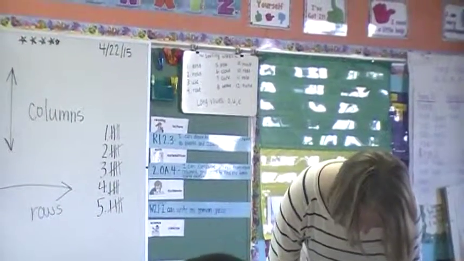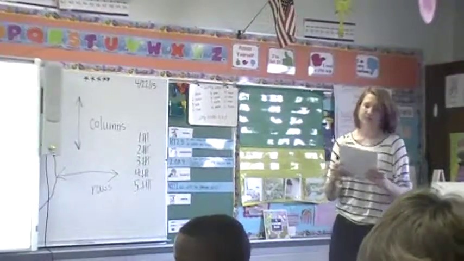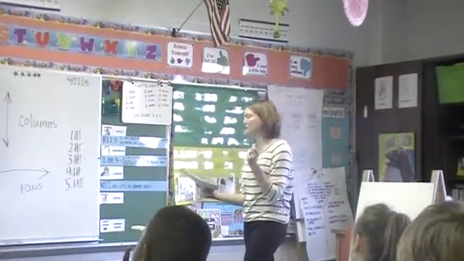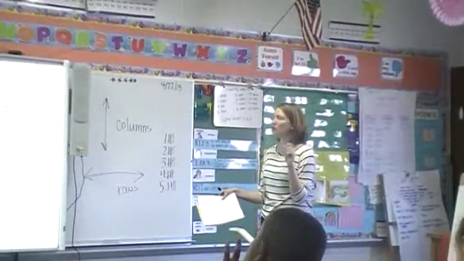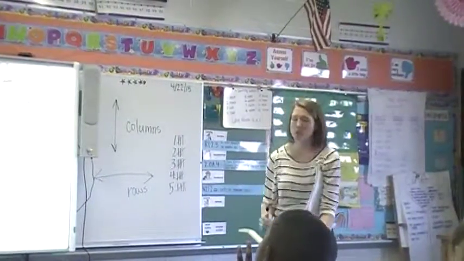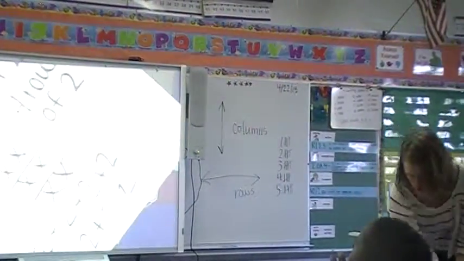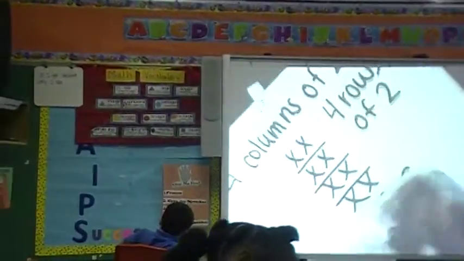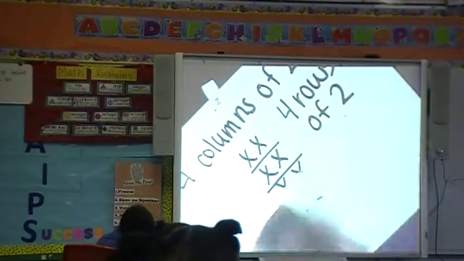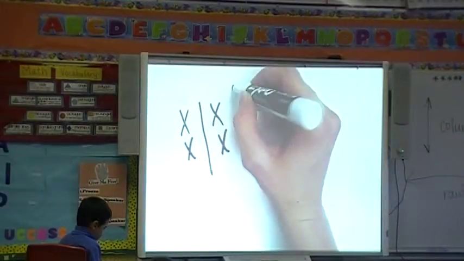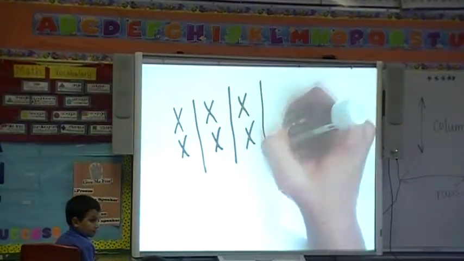All right. What would happen if we added one more column of 4? Say that we had this again. You still have it on your paper, so that's good. 1, 2, 1, 2, 1, 2, 1, 2.